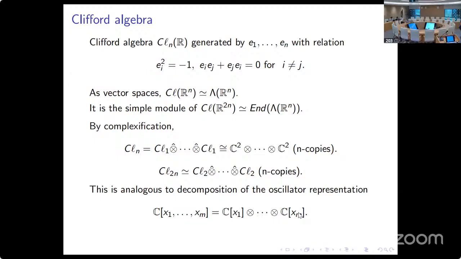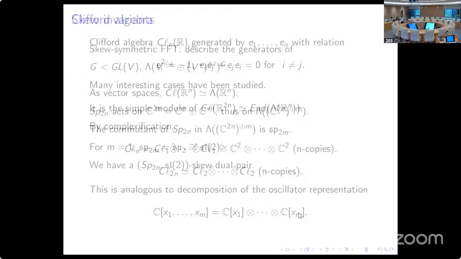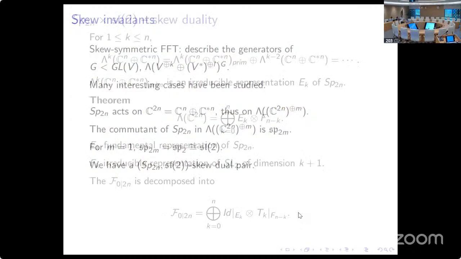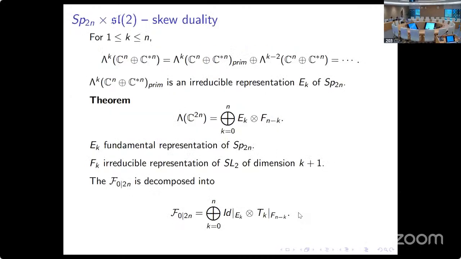Okay, so let me conclude by saying that there is also a classical series about the invariants, but this is called a skew invariant series, because here we are not doing the symmetric algebra, we are doing the skew-symmetric algebra. There will also be a correspondence, a very similar series, so there will be a duality.